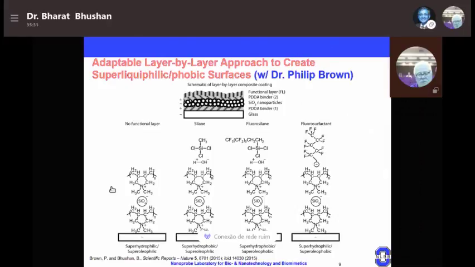of affinity and repellency of liquids. Here we use several layers, one of which has an opposite charge, so this layer is attached to the substrate.